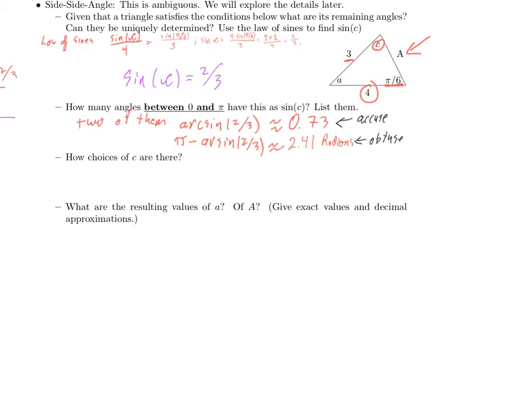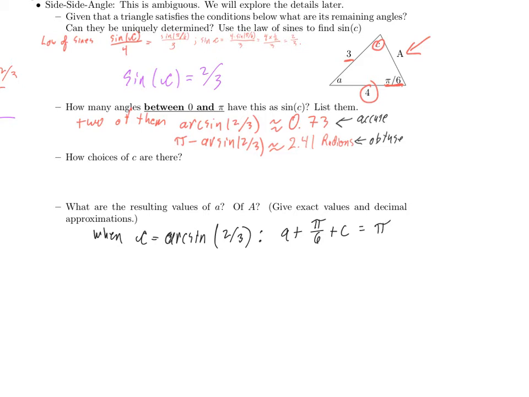The three angles of a triangle have to add up to pi radians, so you can compute A. So let's compute them in each of the two cases. When C equals arcsine, sine inverse if you prefer, of 2 over 3, I know that A plus pi over 6 plus C has to add up to pi.